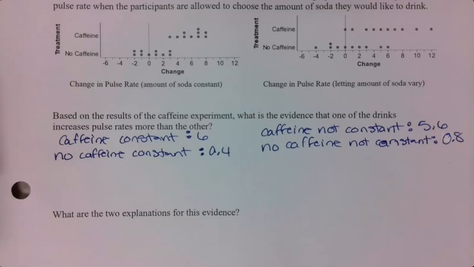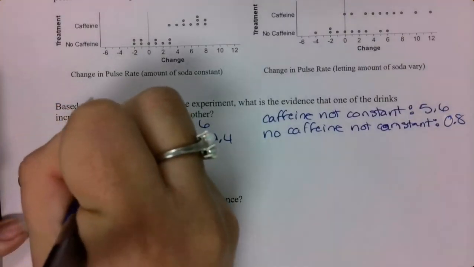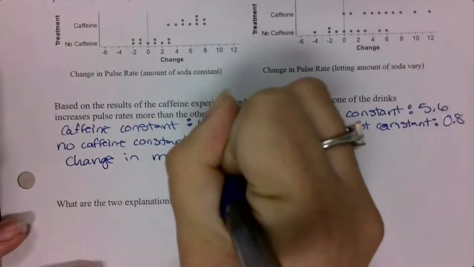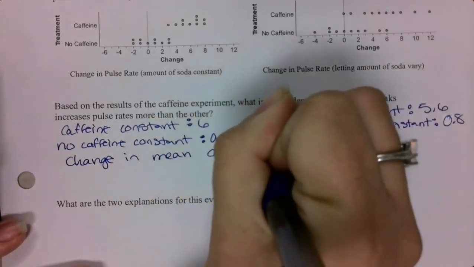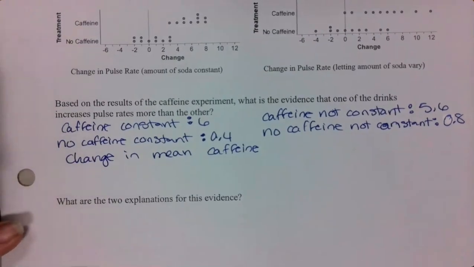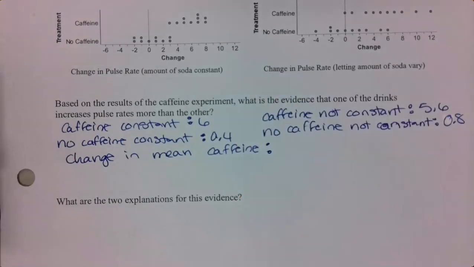So now that I have my two means for each situation, I want to find the change in means for them. So the change in mean for caffeine. I hate how much these words rhyme. They're so hard to say. So when the caffeine was constant, it was 6.